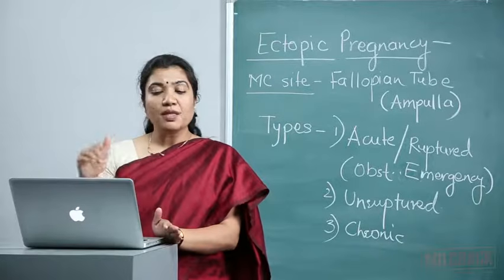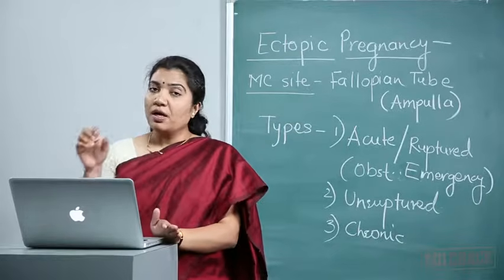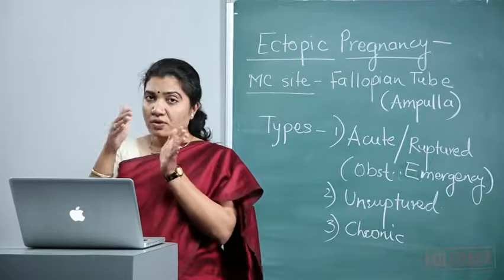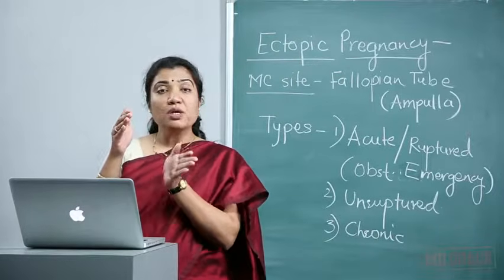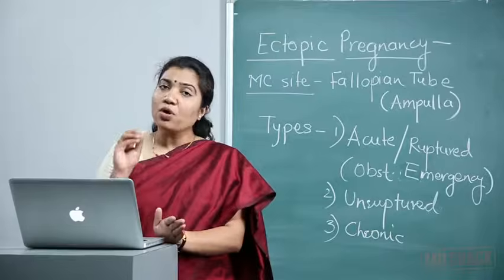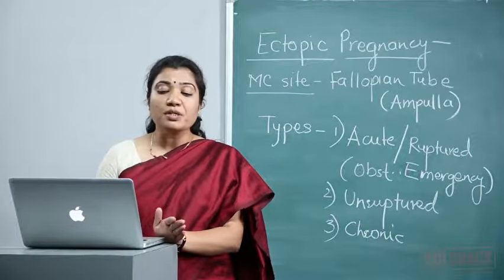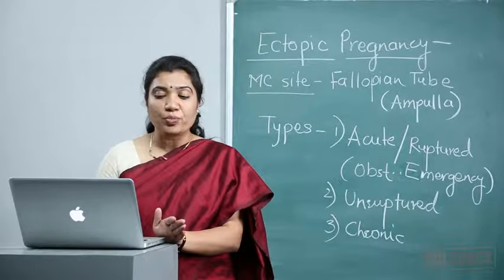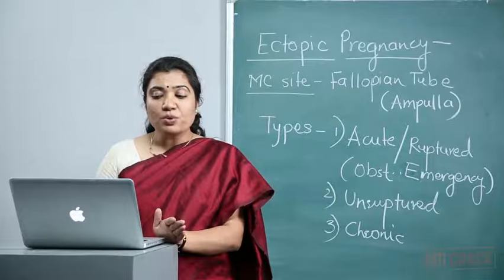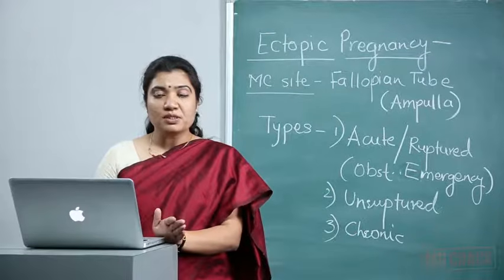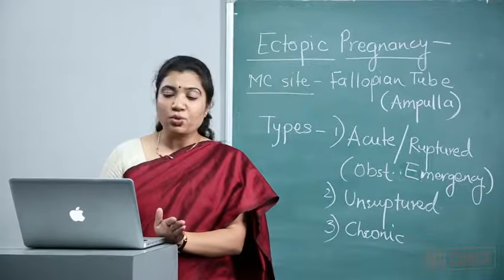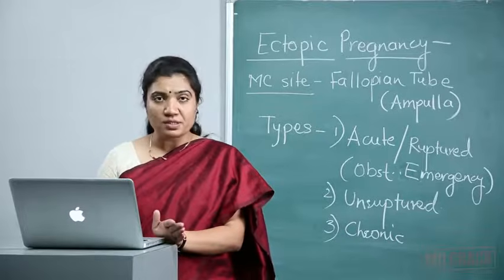Infundibulum and then the interstitium. Interstitial portion has a long space to distend, so longest survival of tubal pregnancy is found in the interstitial region of the fallopian tube. So almost till 12 to 16 weeks the ectopic pregnancy can grow there. So that's the longest survival.